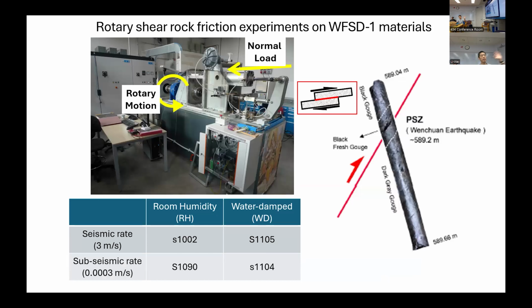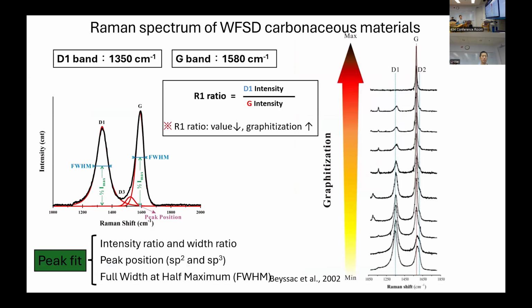But after that paper, I realized it is risky to make that claim if we only conduct experiments under very high slip rate. So in the second paper, we tried slipping at high velocity and low velocity to see if low velocity can generate graphite. So that's the research topic. This is Raman spectroscopy.